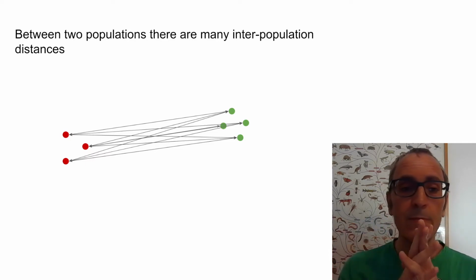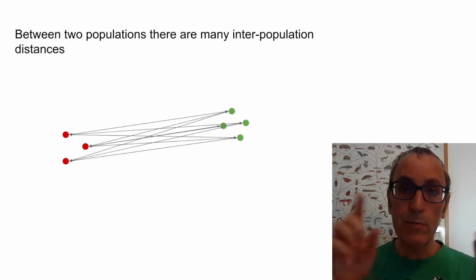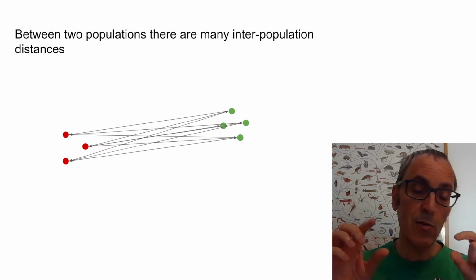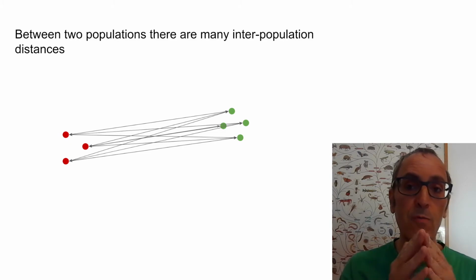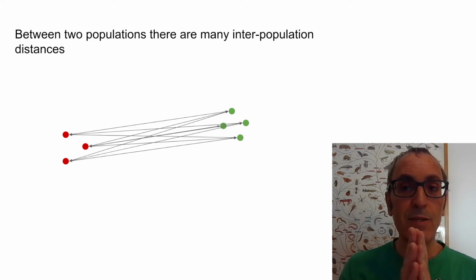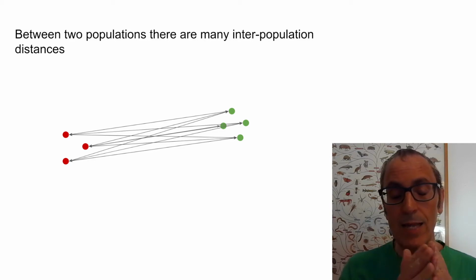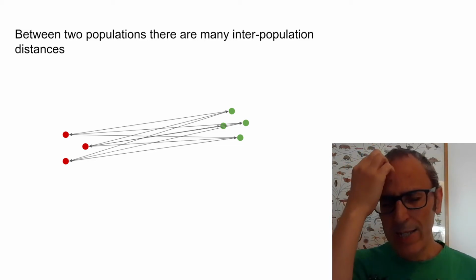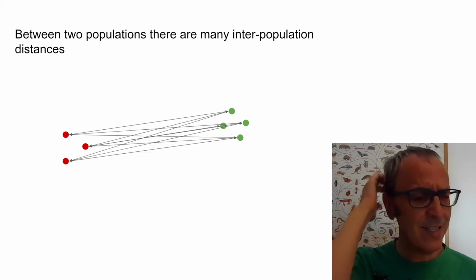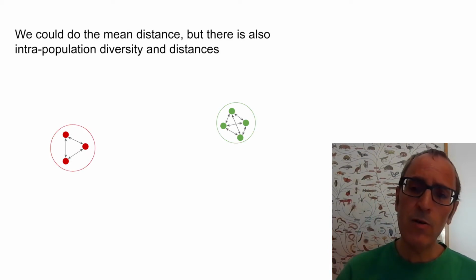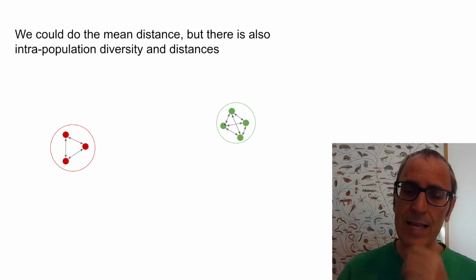And one thing that you could think is, well, I could calculate all these possible distances and I could calculate the mean, and that would be the distance between the populations. That would be quite misleading, because you would ignore that you also have distances within populations, okay? They are related to the diversity of the populations.